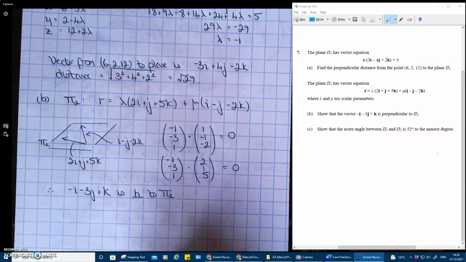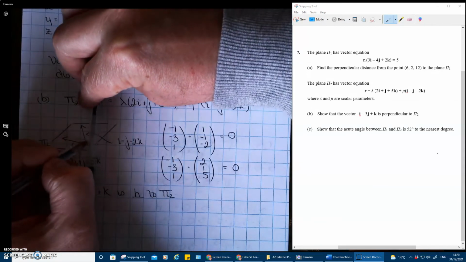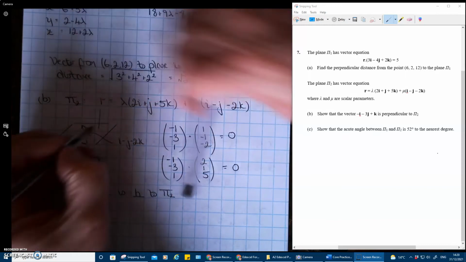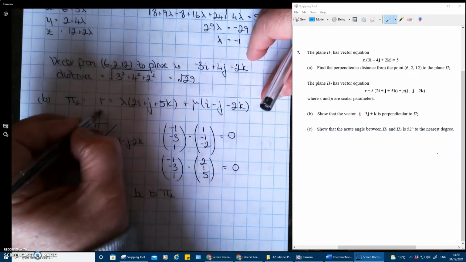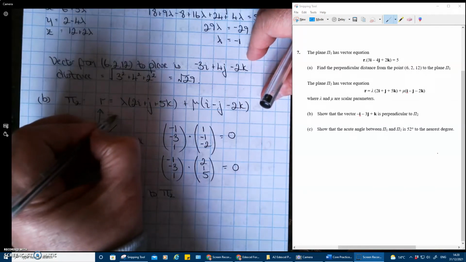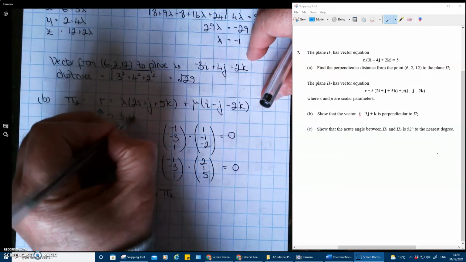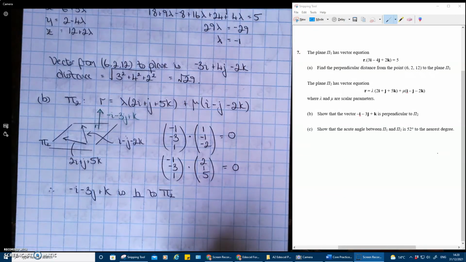Okay, so that tells me that I could draw a normal on this plane here, similar to the first question, and this direction will be minus i minus 3j plus k. Okay, now show the angle between the two is that. So all I'm doing is finding the angle between the two normals.